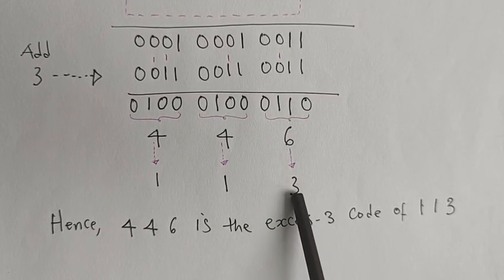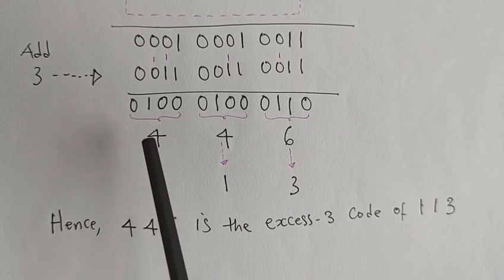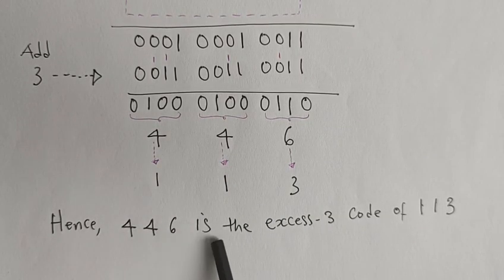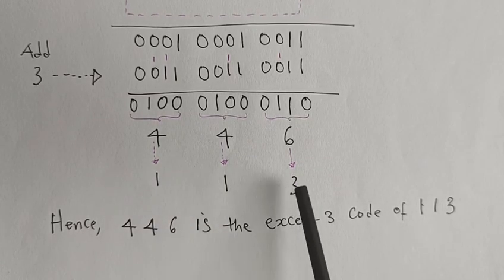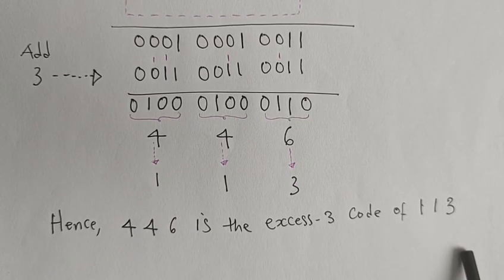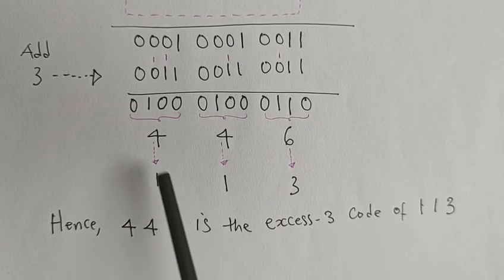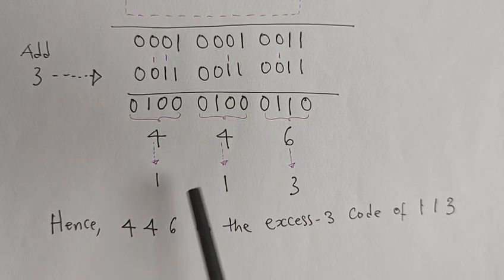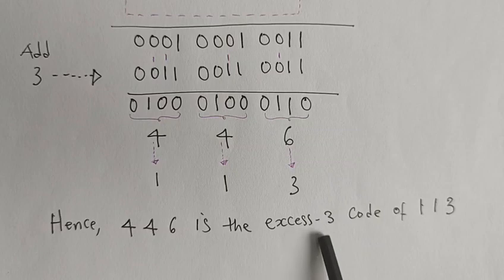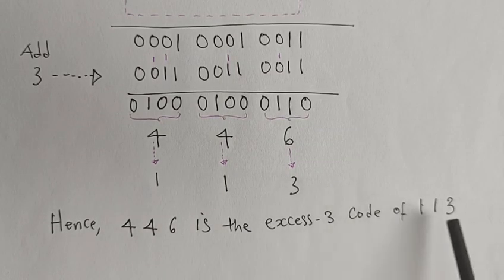And then 6 minus 3, we're going to get 3. So therefore, 446 is the excess 3 code of 111. So this is your answer. Alright, so this result, which is 446, is nothing but the XS3 code of 111, which is this.